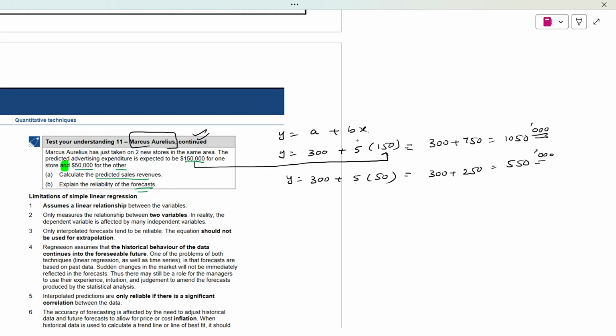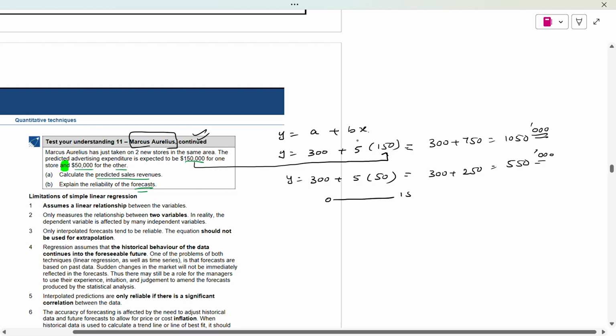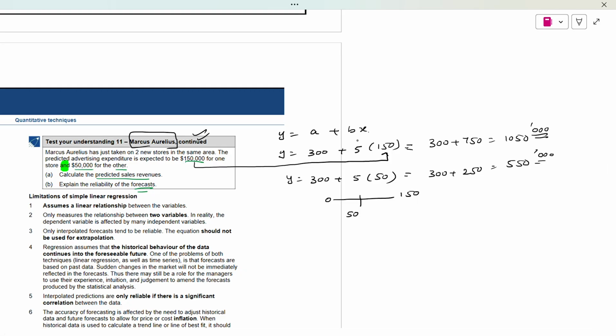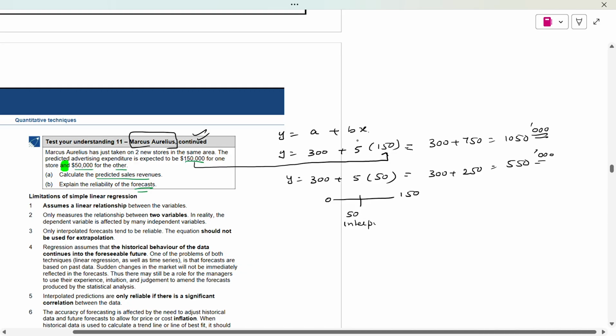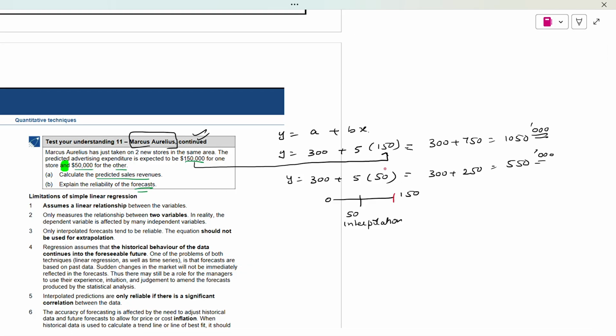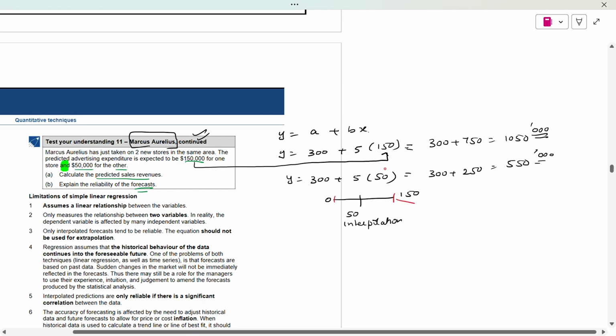This is the range they are giving, 0 to 150. This is the 50, so how many units are there? 50. If we are taking 50, it means it is interpolation. If we are talking about the extremes, it is going to be extrapolation.